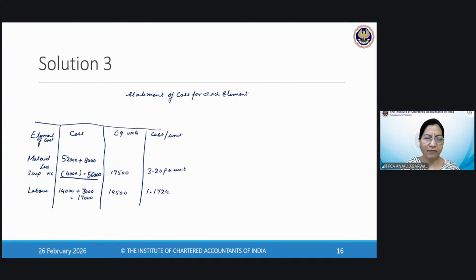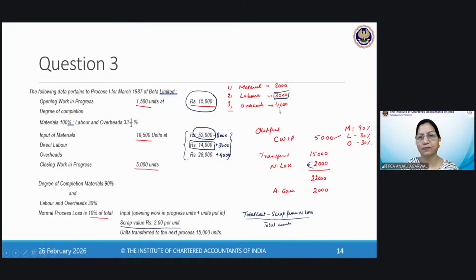If I round off, it can become 1.17 only. I can ignore the 24 part. But let me keep it till 4 decimals, otherwise it will not match the total costs. Then you had the overheads cost, which was 28,000, plus another 4,000 was the overheads cost in the opening WIP, which I have assumed. Right? Overheads cost, bifurcation of this 15,000.